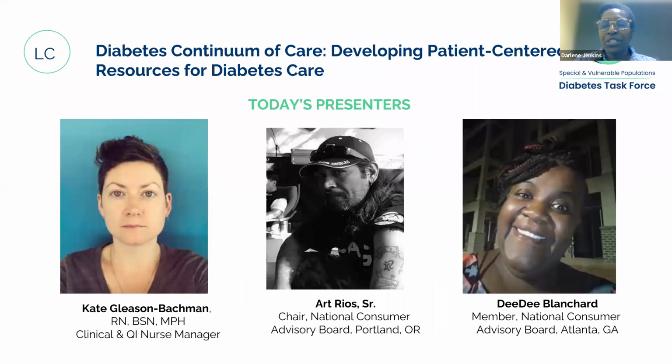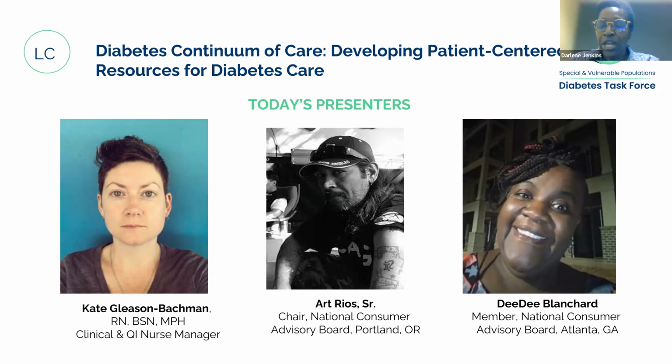Our presenters for today's session, first is Kate Gleason-Bachman. Kate is with the National Healthcare for the Homeless Council. She is a clinical and quality nurse manager here at the council. Our other presenter, and hopefully Art will make it, I don't see him on the participant list, but Art Rios is supposed to join us today as well.